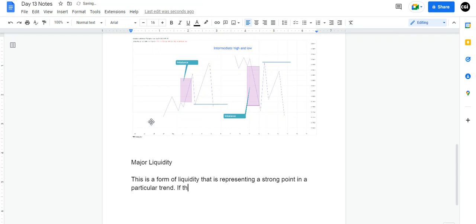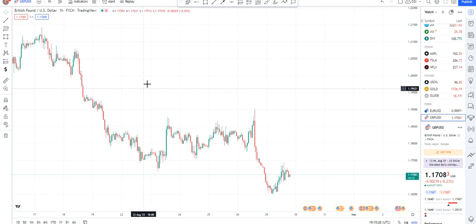If this liquidity is taken out, the trend has changed. Okay, so now let's look at what a major liquidity looks like.